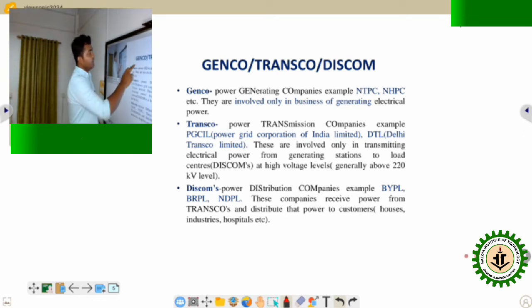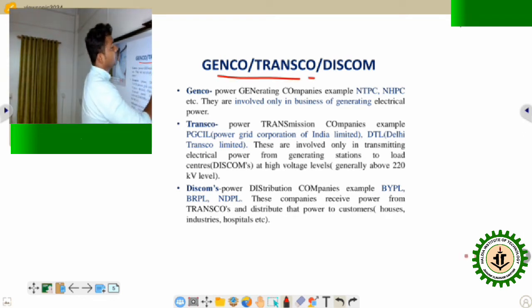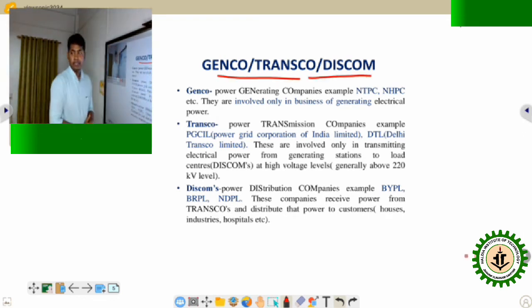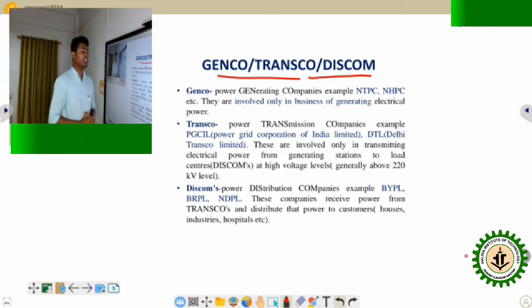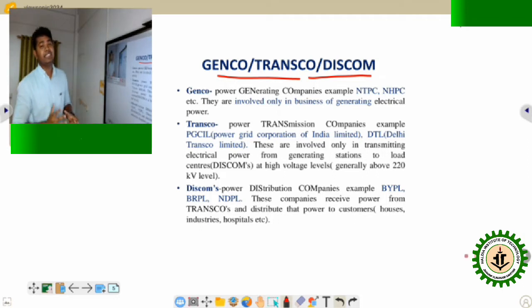Next, Genco, Transco and Discom. What are these? These are all companies which are involved in business for generation, transmission and distribution.